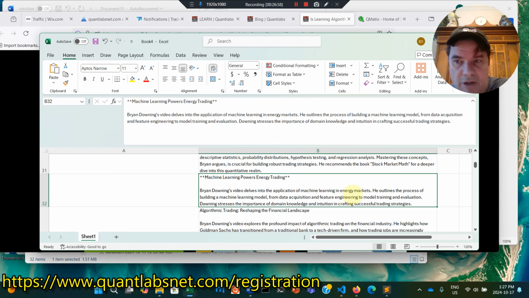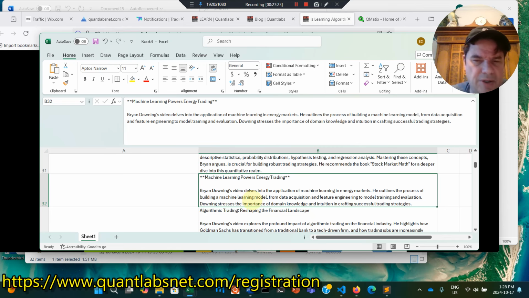Obviously it's going to be more evolved, but just knowing this in a live trading environment helps you understand how the institutions do it, namely big oil companies. We outlined the process of building a machine learning model: data acquisition, feature engineering, model training, and evaluation.